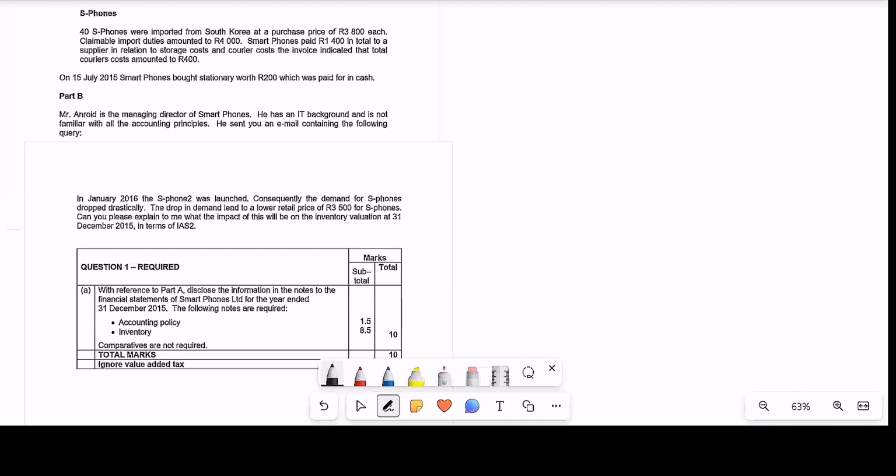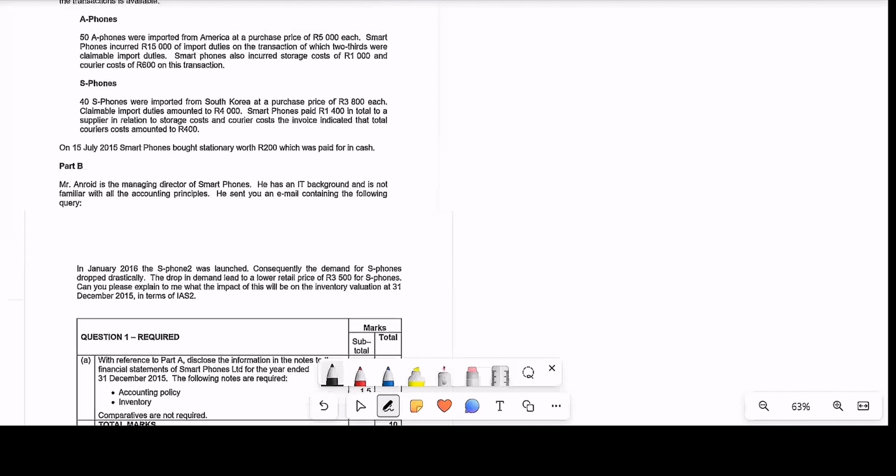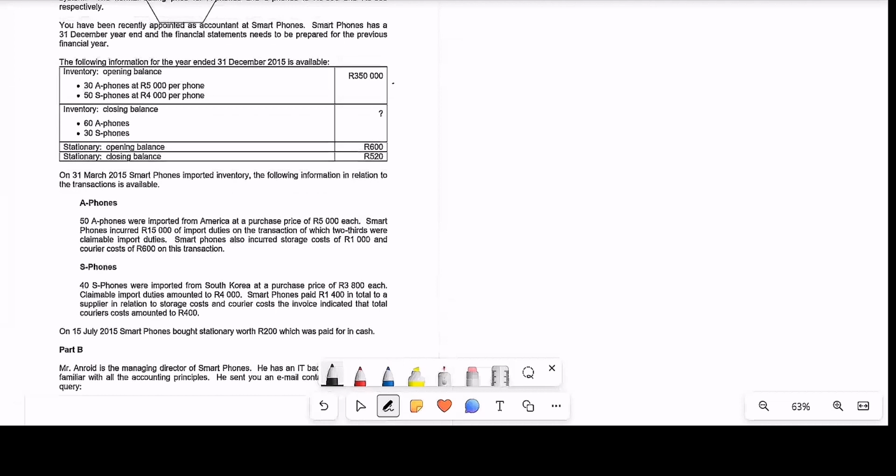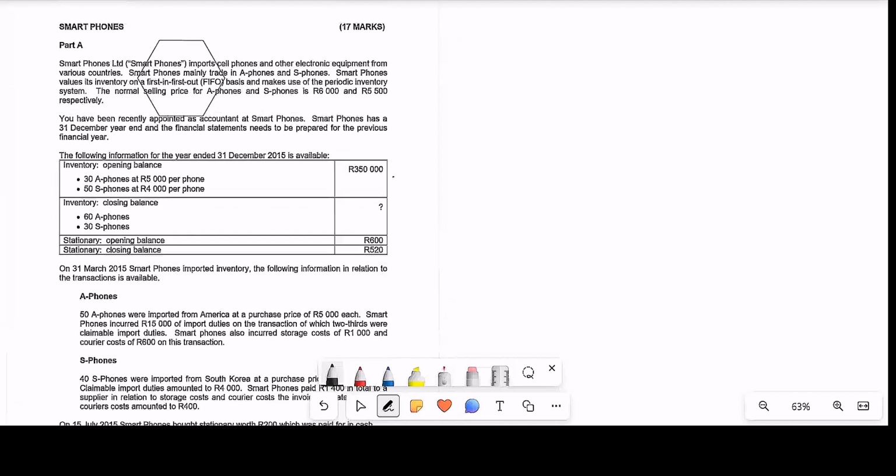Okay, let's start. With the accounting policy, guys, you must always remember to state which inventory system they use. So if we start here, I'm going to say accounting policy. Usually in a test, the accounting policy is 3 marks because it will be given to you, so you just state it as given.